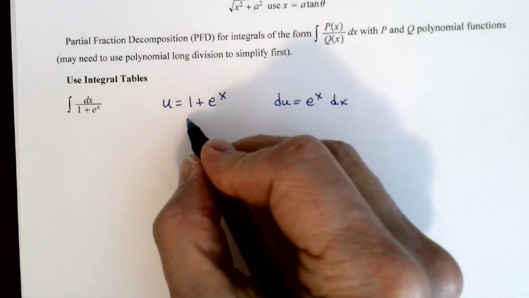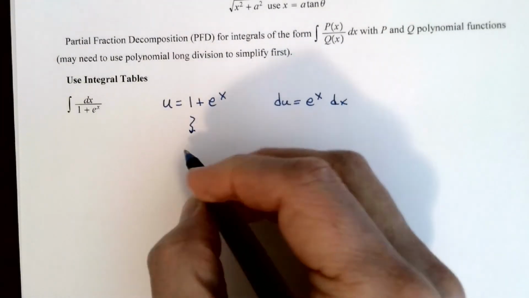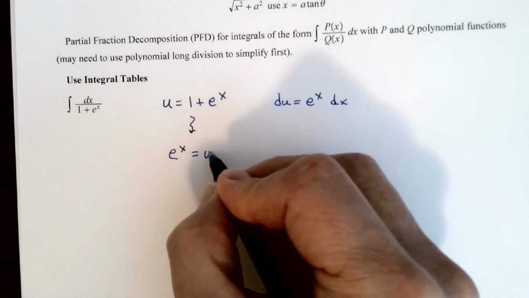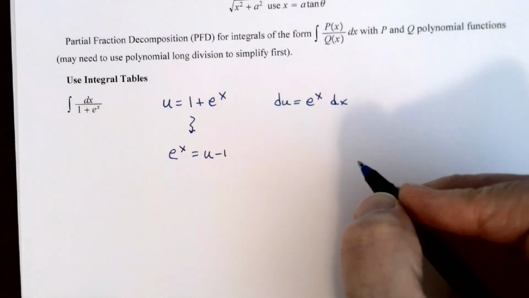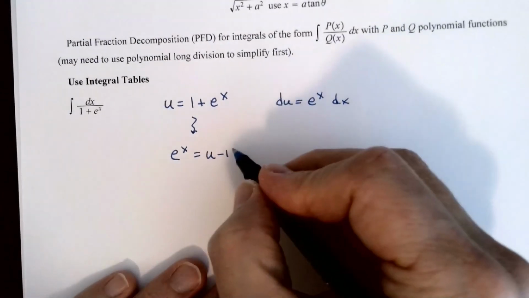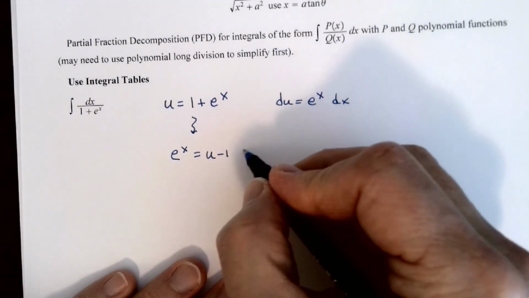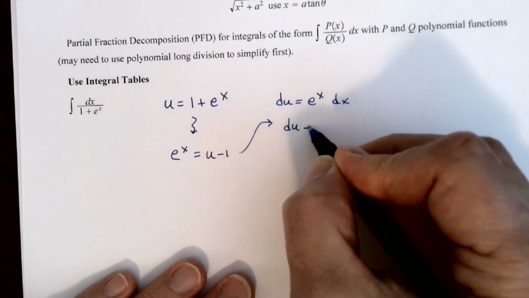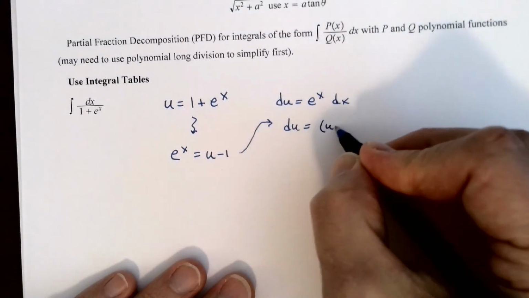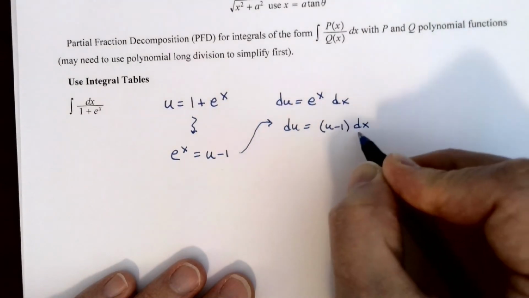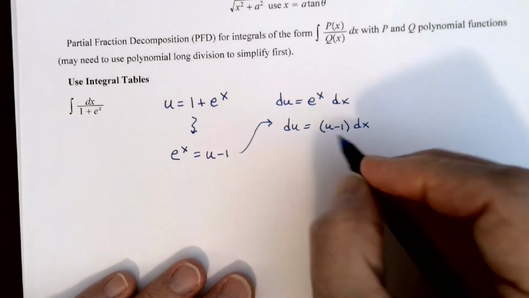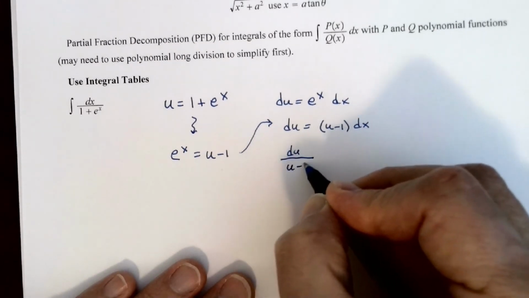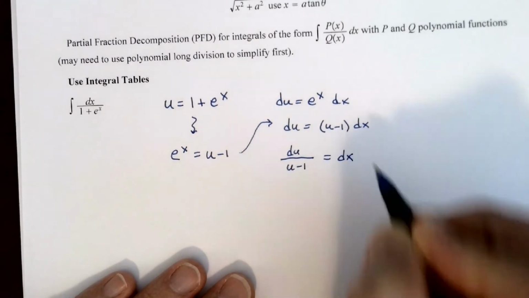However, notice that e to the x, if I subtract 1, is equal to u minus 1. And so, if I come over here, du is e to the x, which is u minus 1 dx. Now, I don't like my dx's to be with my u's, so if I divide by u minus 1, I get my dx.